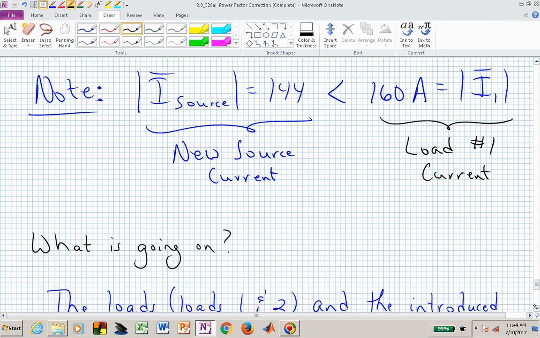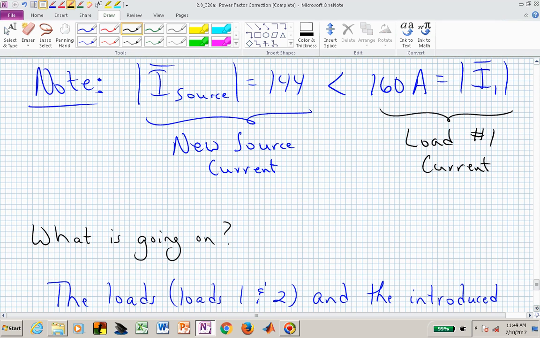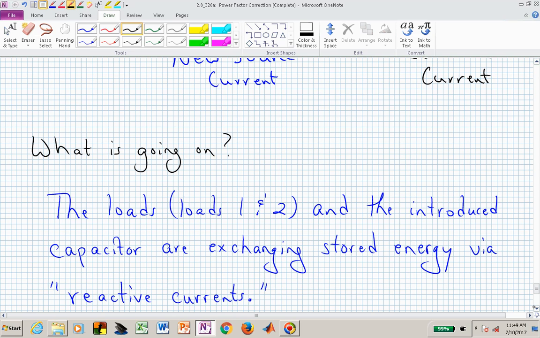So what's going on? Well, in fact, loads number 1 and loads number 2 and the introduced capacitor are exchanging stored energy via these reactive currents. So at the load side, where we've now introduced that capacitor, when the inductive load says, I need more current, the capacitor now shares its current with it at the local side of the load.